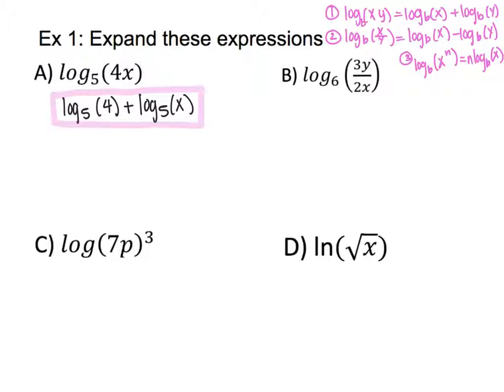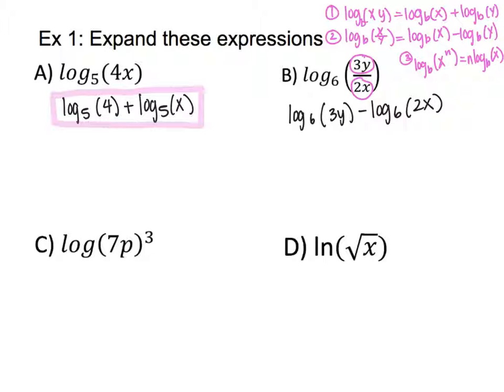Think of the numerator dividing the denominator. So with division, I need to use subtraction to expand. So I have log base 6 of 3y minus log base 6 of 2x. So I start by just separating the numerator from the denominator.